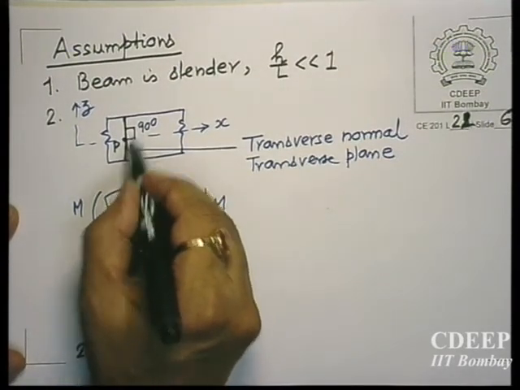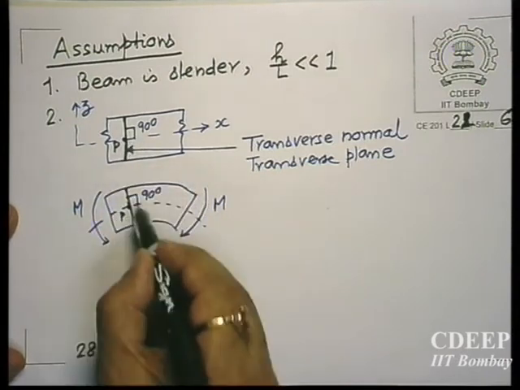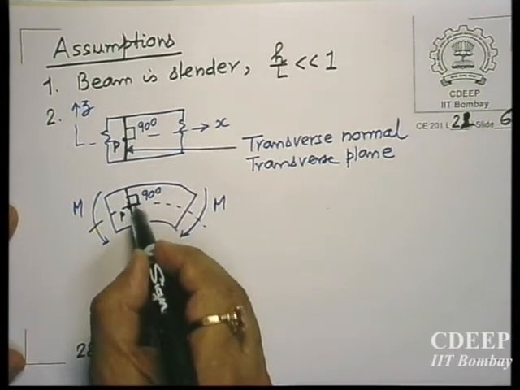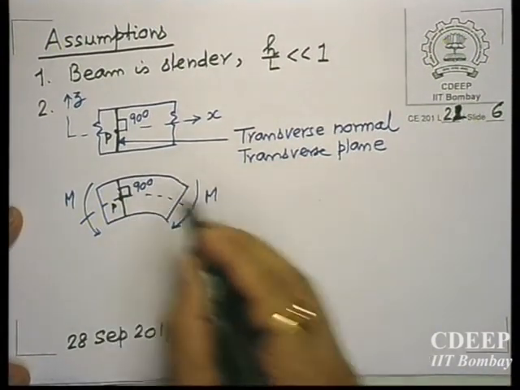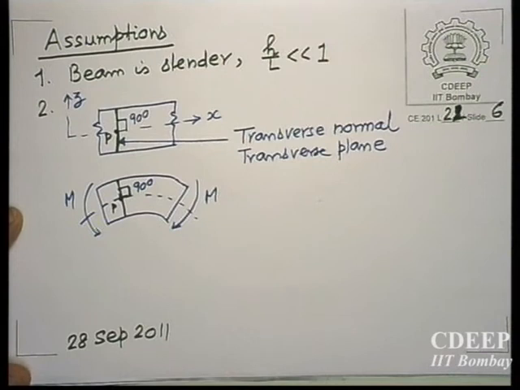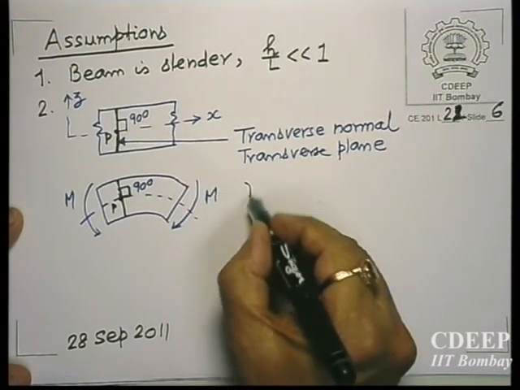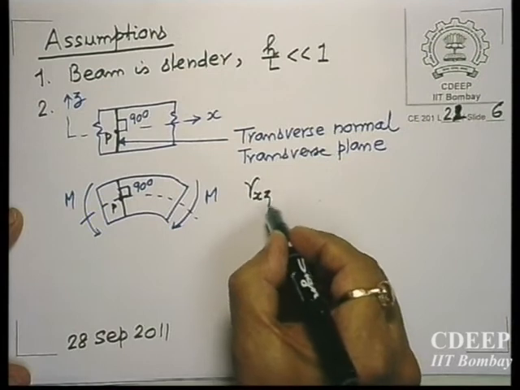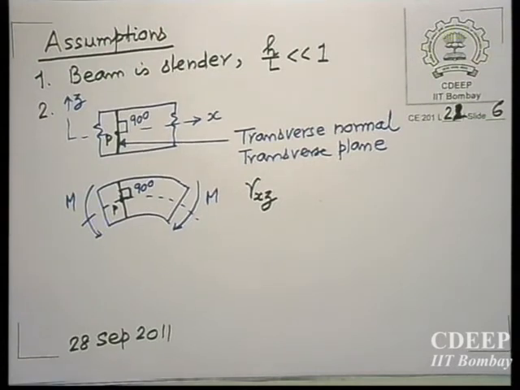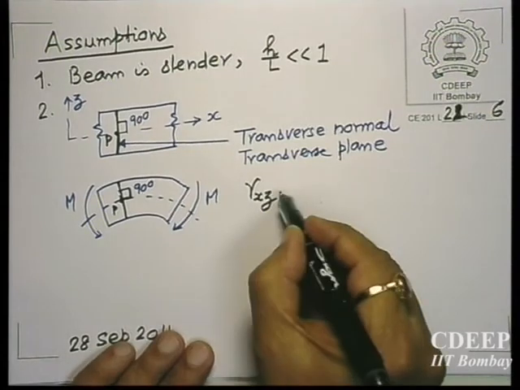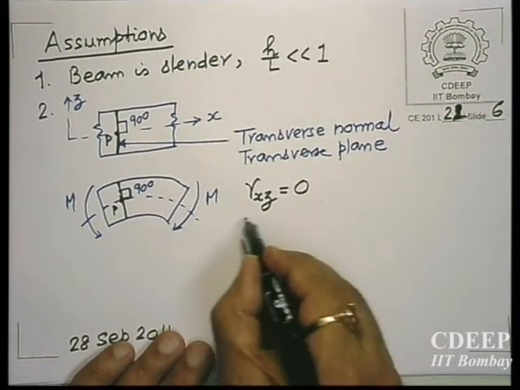A normal section, an element we had taken here, all the angles are still 90 degrees. So what is it? How did we define it earlier? Shear strain. So shear strain in the xz plane, x is this, z is this. After the bending moment is applied, it is still normal. There is no change in the right angle between x and z, so this is equal to 0.